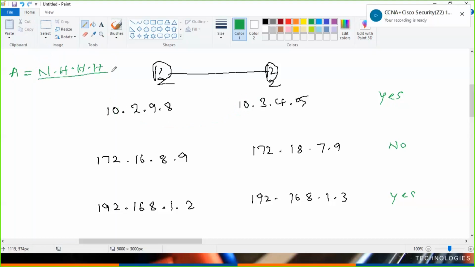But my question is, how can devices really understand? That is the main logic. So the first octet is my network portion, I'm in the 10th network, my neighbor is also in the 10th network, and 2, 9, 8 are my host. How can a device understand this? That is the main logic in IPv4.